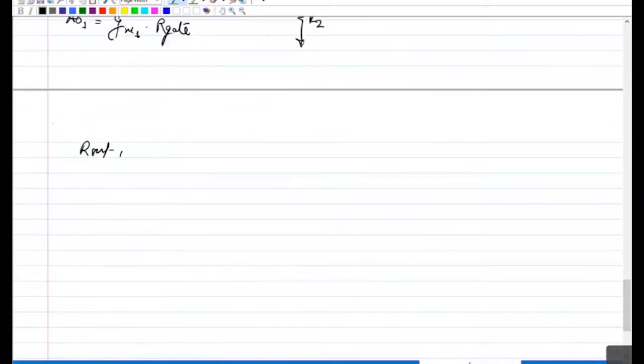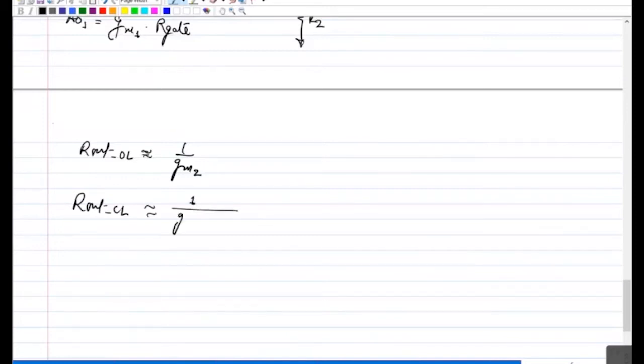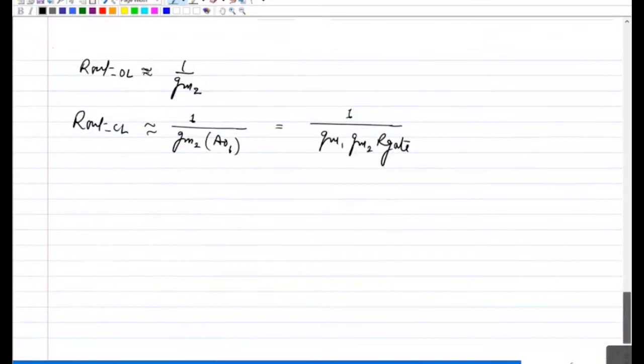R out open loop is approximately 1/gm2, and R out closed loop is approximately 1/gm2 divided by A0, which comes from gm1.